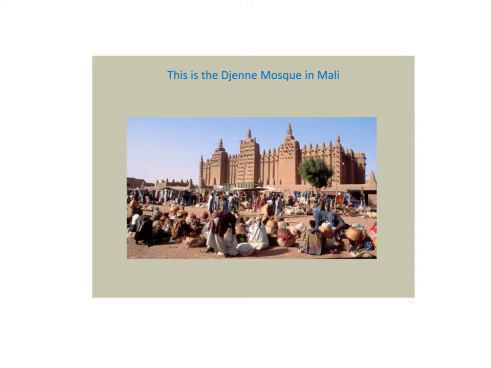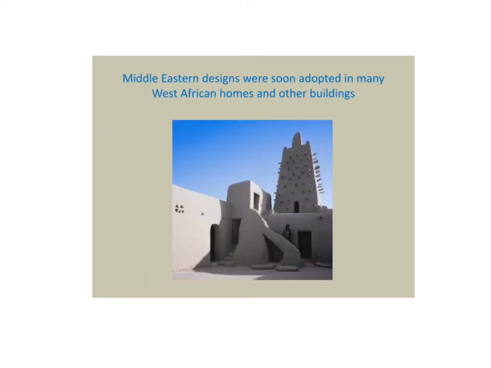This is the Djenné Mosque in Mali. Looks similar to the picture on the slide before. This is obviously a current day picture, but it still has some of those old time features to it. It's got the towers, it's got the things sticking out of the mosque, so it resembles some of those old time pictures that we see from the early trading days.